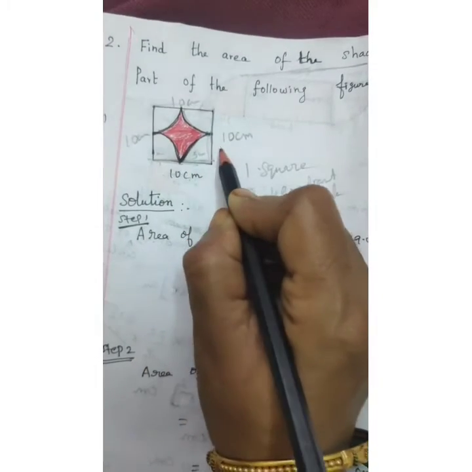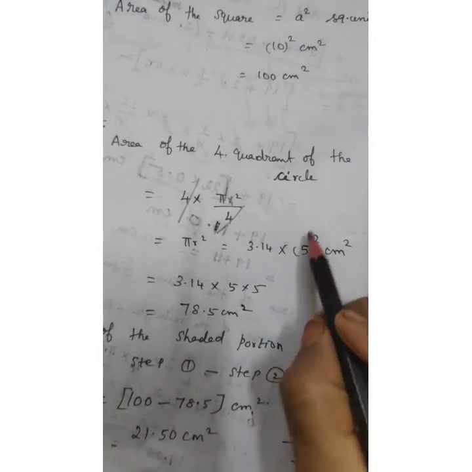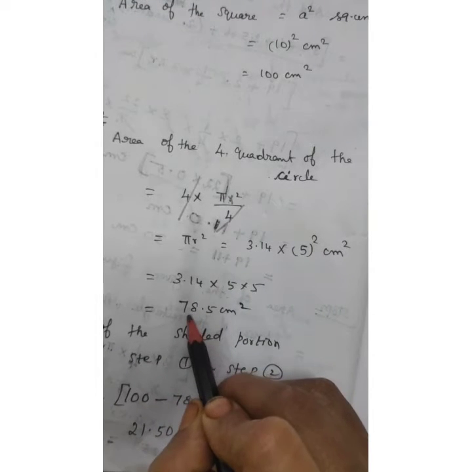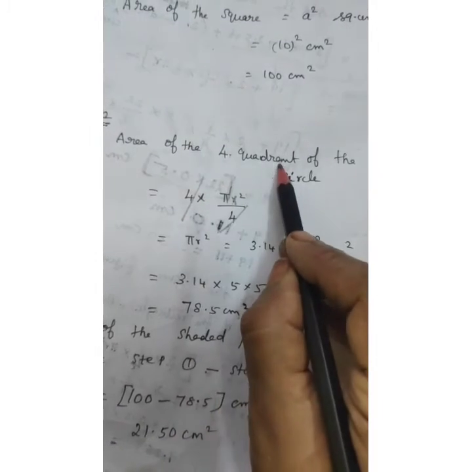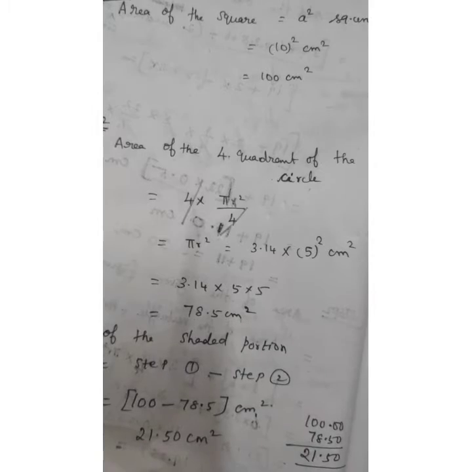Now the radius of the quadrant is 5 centimeter. So 3.14 into 5 squared, 5 into 5, multiply and write 78.5 centimeter squared. Area of the 4 quadrants of the circle is 78.5 centimeter squared.